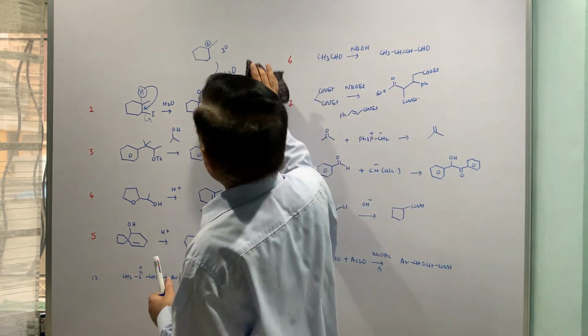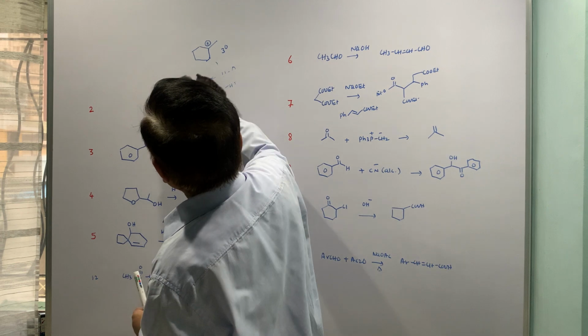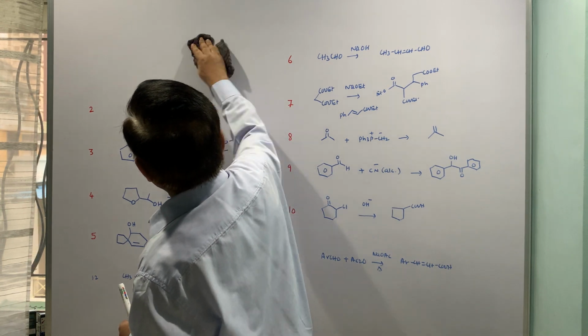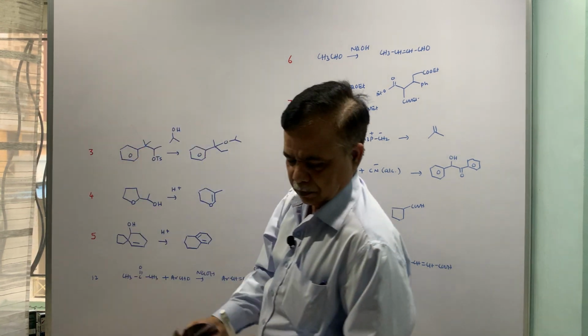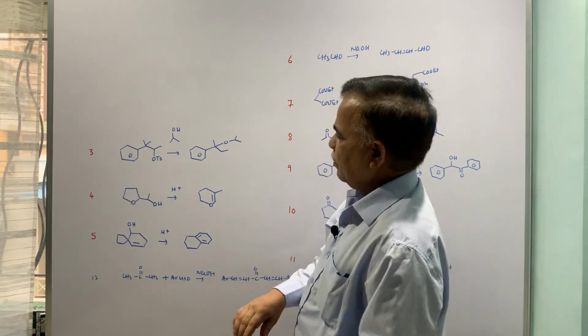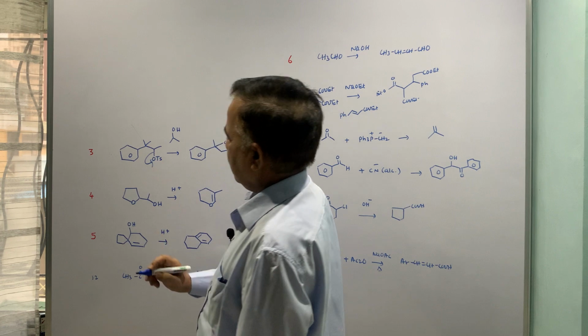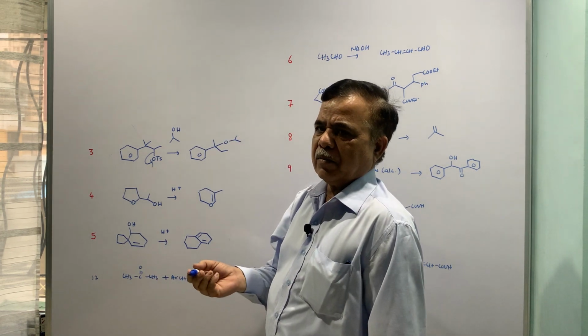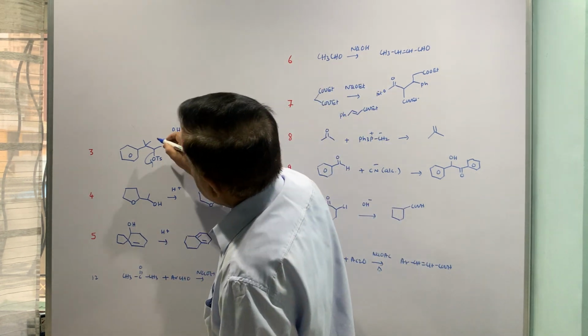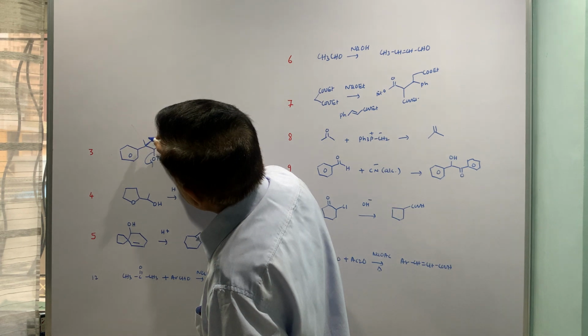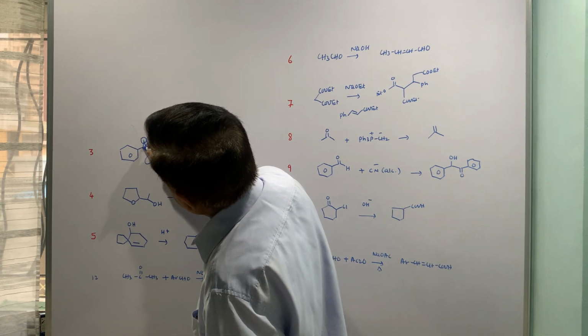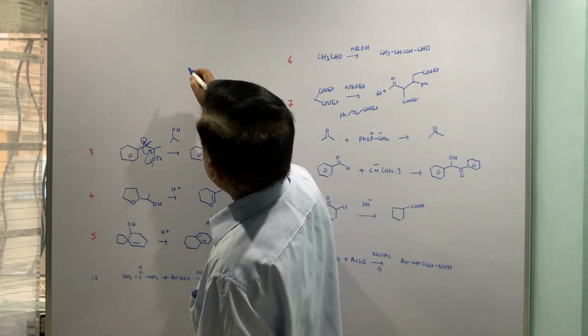Moving on to the third example. The foremost thing is loss of tosylate, that is the best leaving group, then shifting one of the methyls from here to this place.